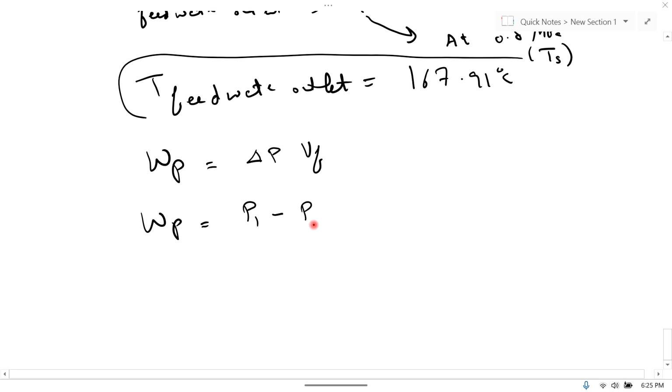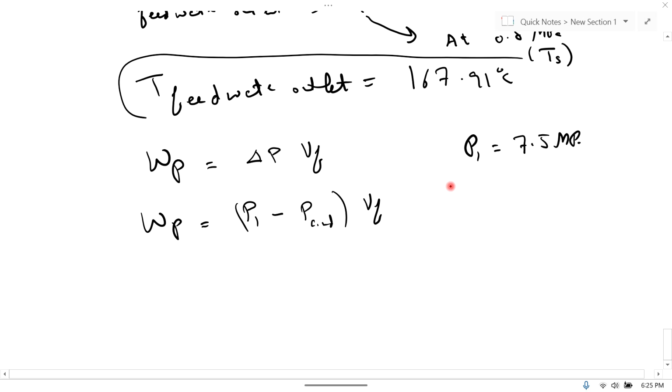In the pump the pressure increases from low to high. So P1 is already given to us as 7.5 megapascal, and P condenser and Vf we can find at the lower temperature.